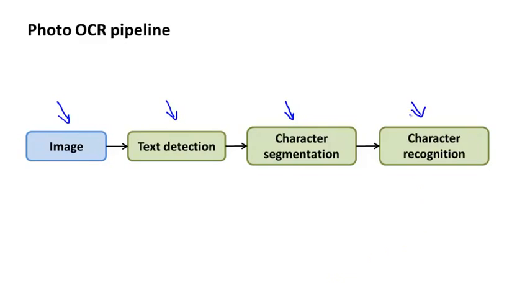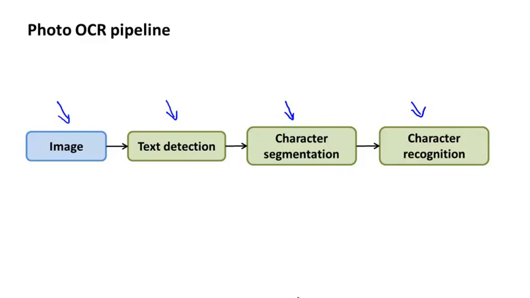In many complex machine learning systems, these sorts of pipelines are common, where you can have multiple modules, in this example the text detection, character segmentation, character recognition modules, each of which may be a machine learning component, or sometimes it may not be a machine learning component, but to have a set of modules that act one after another on some piece of data in order to produce the output you want, which in the photo OCR example is the final transcription of the text that appeared in the image.